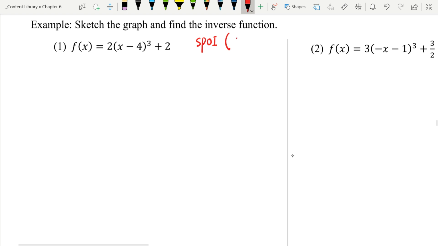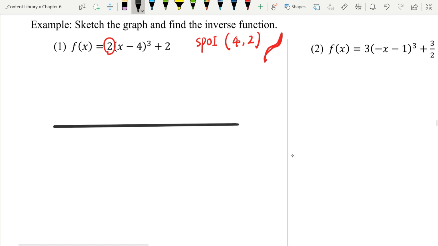It's 4, 2, minus h, so it's (4, 2). Is that an increasing or decreasing function? a is greater than 0, so it's an increasing function. That's the information we have, so we can sketch out the original function.